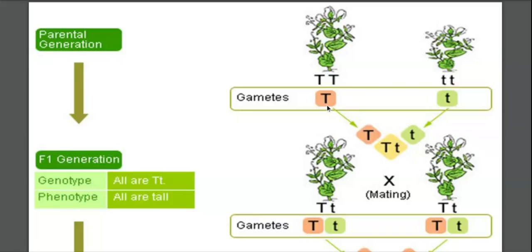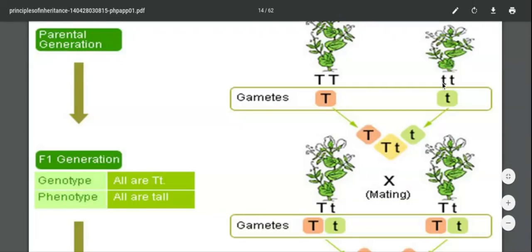Now, why are we writing only one allele in the gamete? Please keep in mind gametes are haploid. Okay, so that's why we're showing one allele here. So when they fuse, we know that your zygote is diploid and zygote will give rise to your plant. Okay, so the plant will bear capital T coming from one parent and small t coming from the other parent.